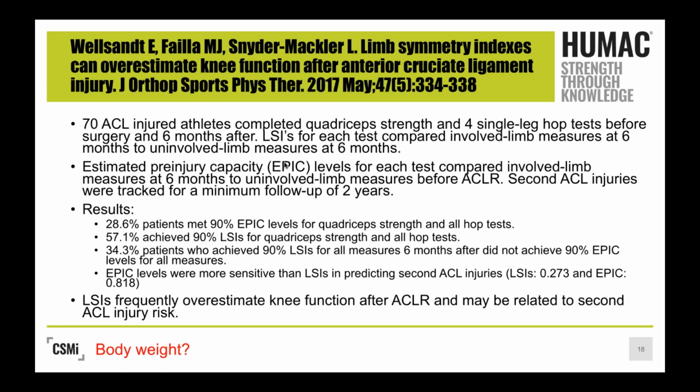So John has been doing this for years, but this makes sense to me too, even when he was telling me about it, and that's using body weight. A lot of the research out there shows that peak torque concentric quad should be 100% body weight. John's also going to go over what the eccentric functions of these muscles should be, as well as ratios.